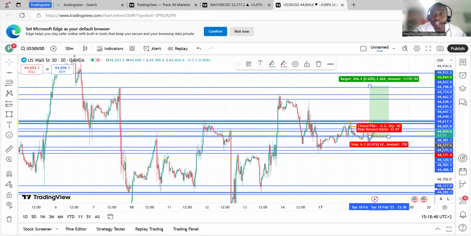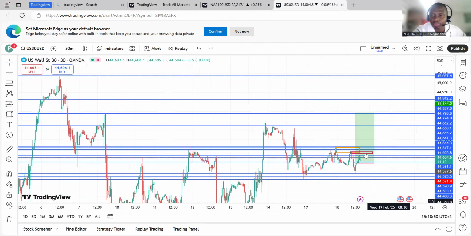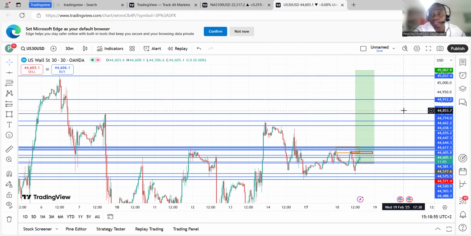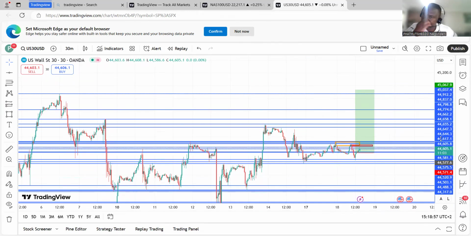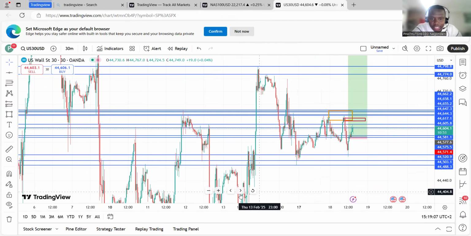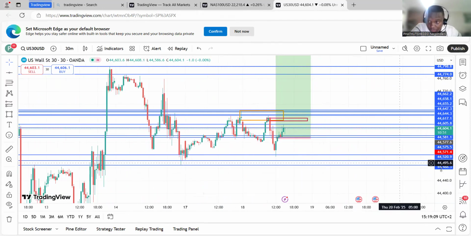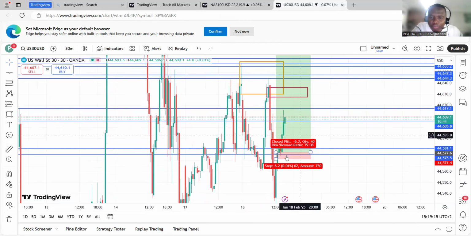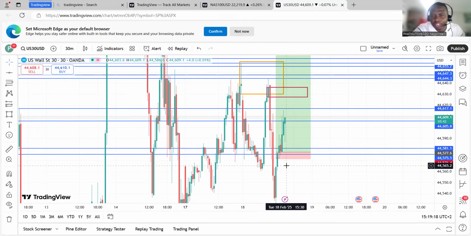All the way, with this small move. But look how much we're risking for such a big move, guys. It's just a small fraction.